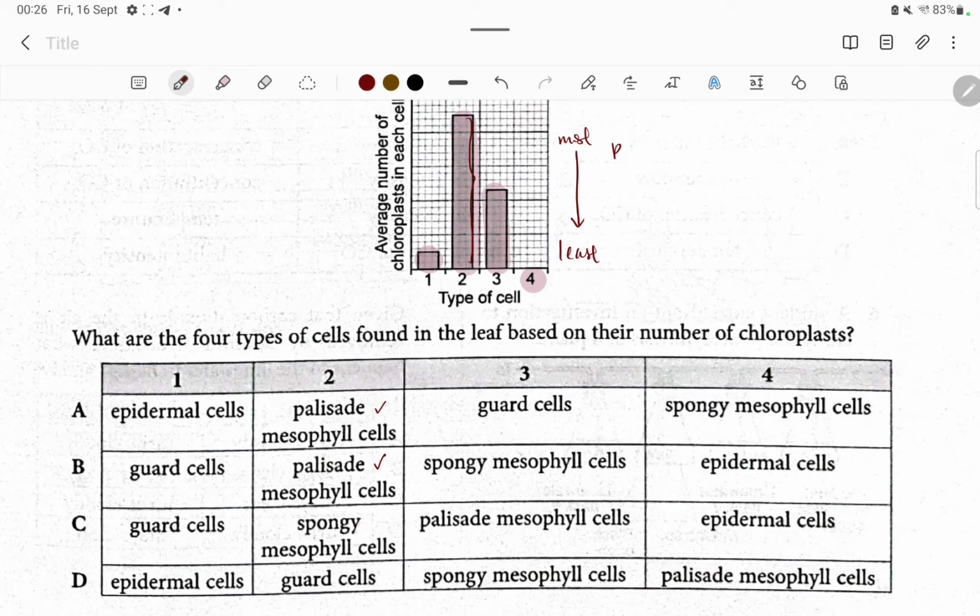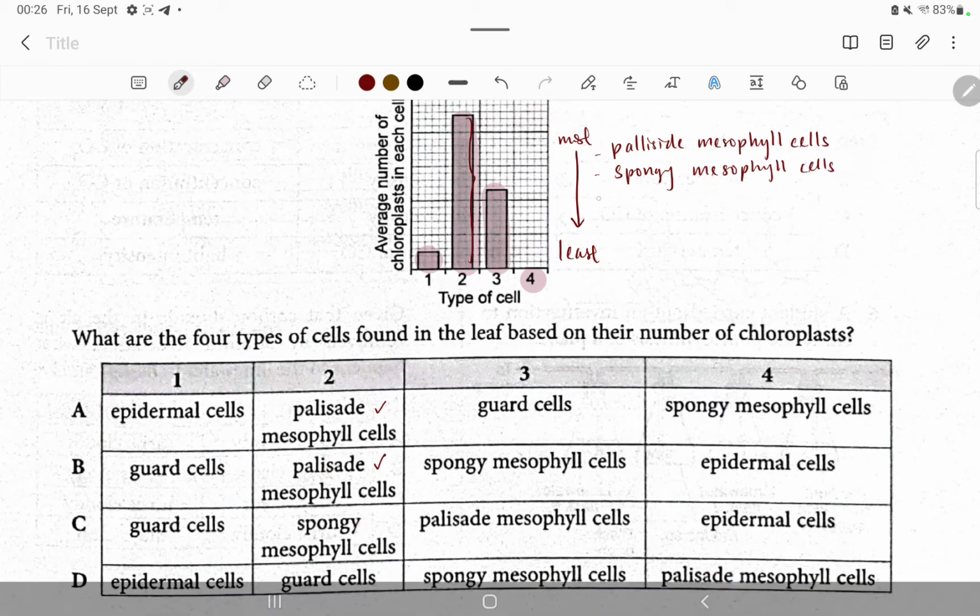So the most one is always palisade mesophyll cells, and then followed by spongy mesophyll cells, and then guard cells on the leaf. Lastly only epidermal cells, like the skin cells for plants.